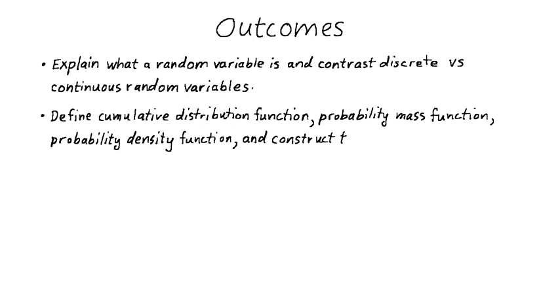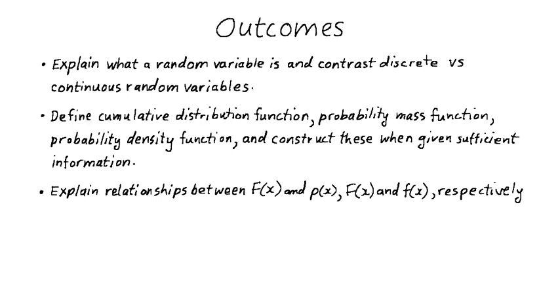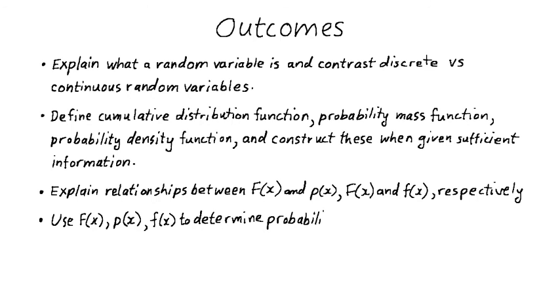And you should be able to construct each of these when given the right amount of information. You should be able to explain the connections between the cumulative distribution function and the probability mass function and density function, respectively. Finally, you should be able to use all of these functions to determine the probability that a random variable takes on a given value or values.